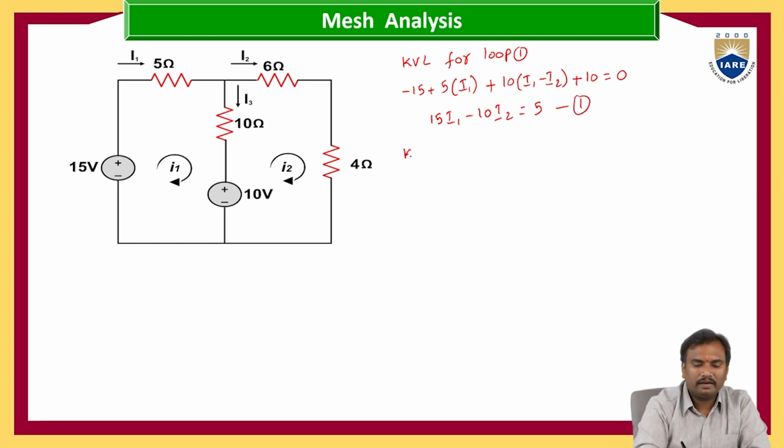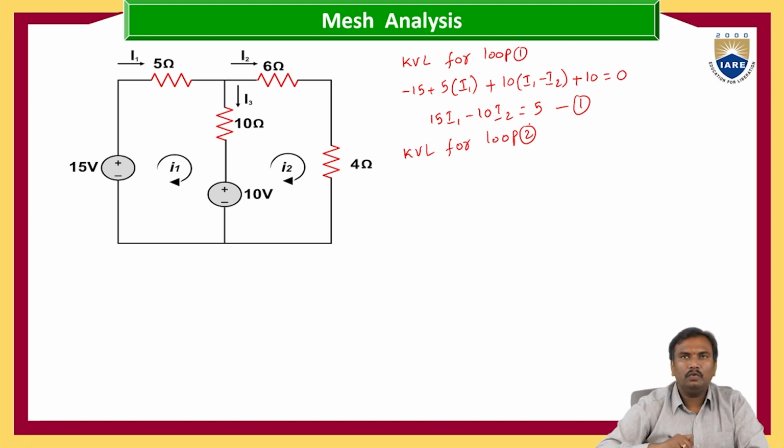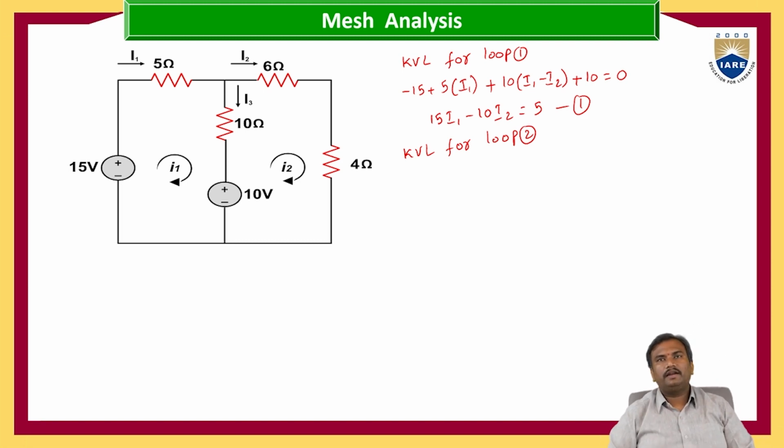Now let us write the KVL for loop 2. When we are writing the KVL for loop 2, we have to assume that I2 current has higher magnitude.